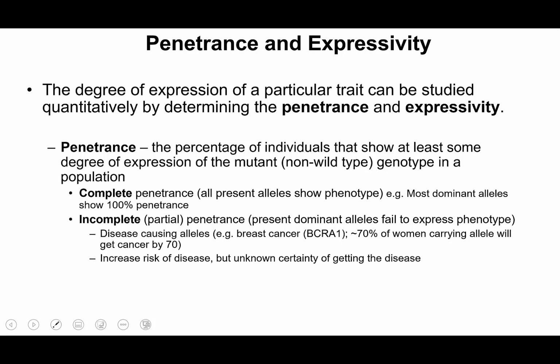So penetrance, this is defined as the percentage of individuals that show at least some degree of expression of a mutant, of a non-wild type genotype in a population. And we can really divide it into complete or incomplete. So complete penetrance would mean if you have that allele, you find that. So like Mendelian traits in our pea plants.